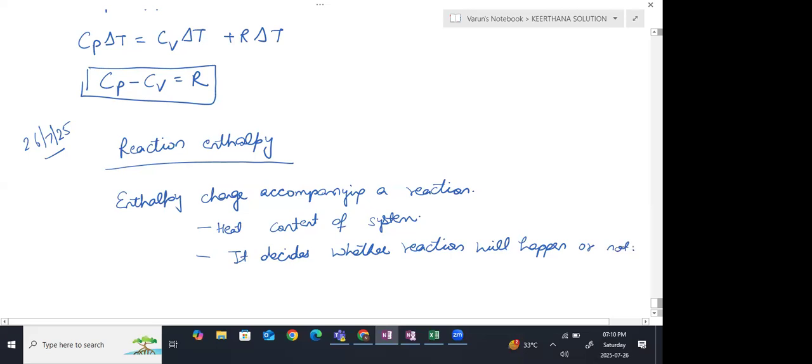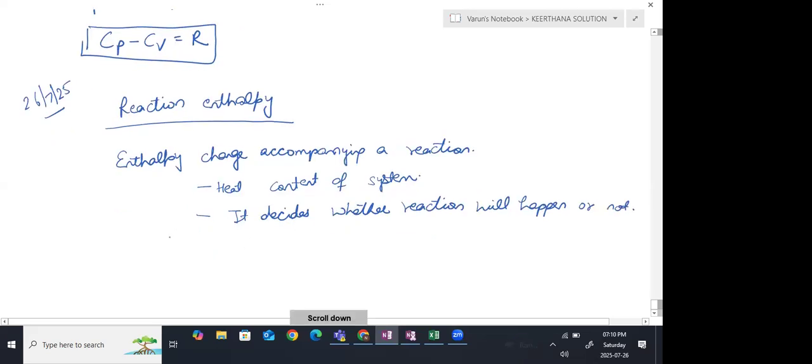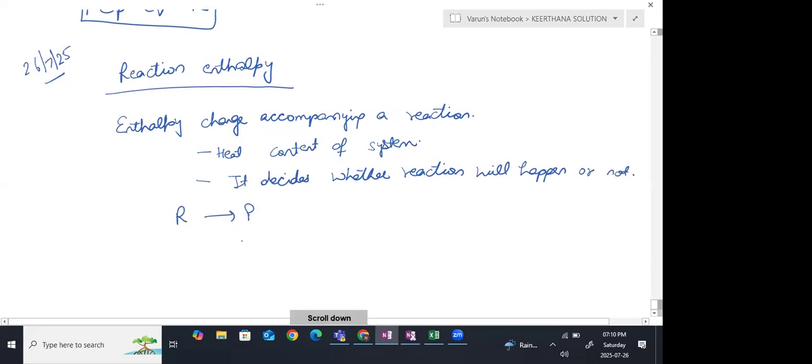Now, how to represent a reaction enthalpy. Basically, when we are converting a reactant into product, my enthalpy is changing. So I can say that my reaction enthalpy, R represents reaction, H is for enthalpy, is the enthalpy of products minus enthalpy of reactants.